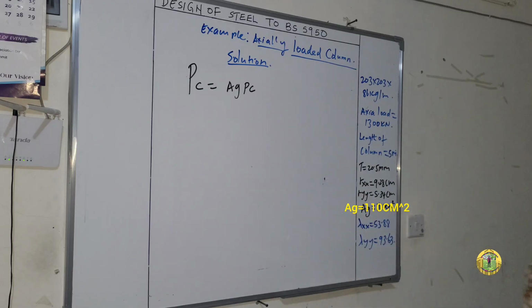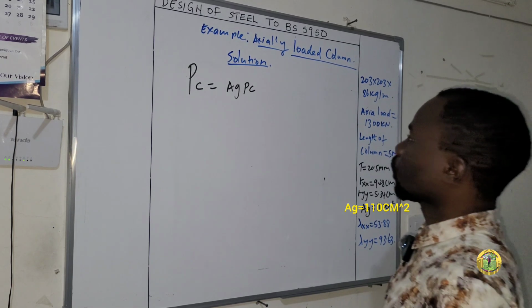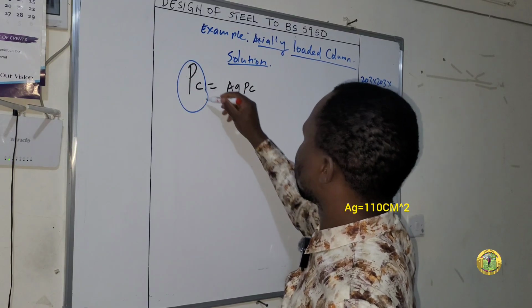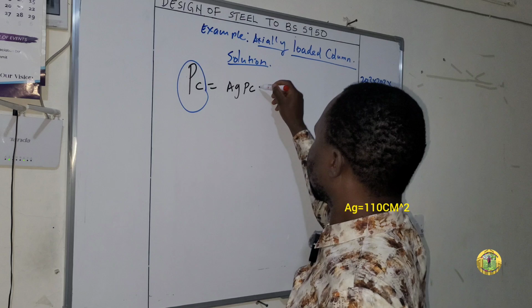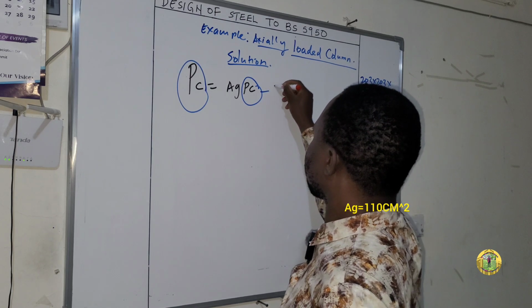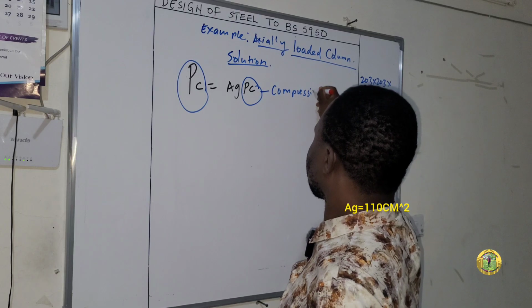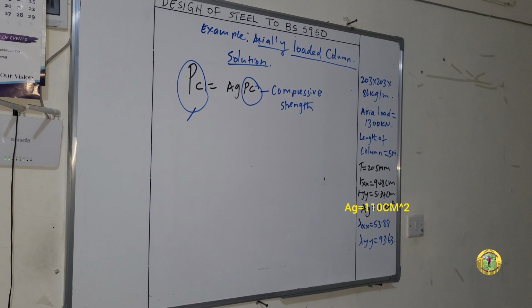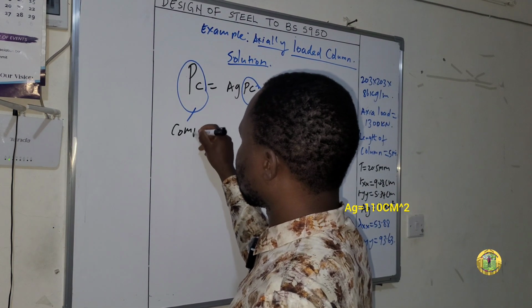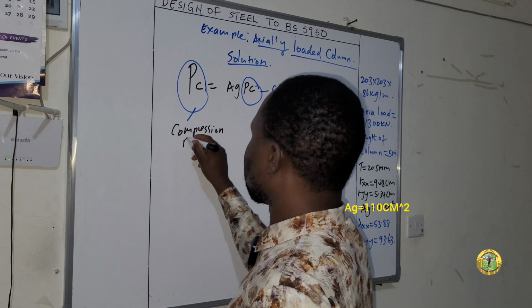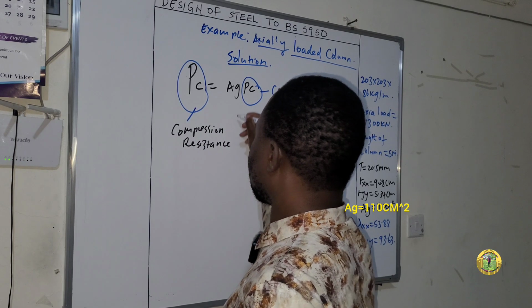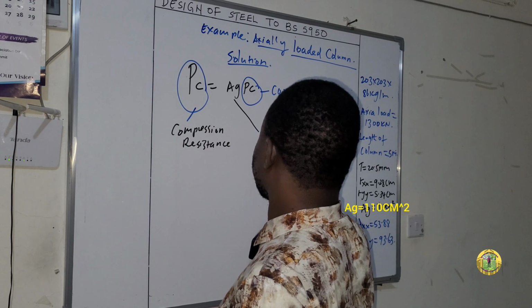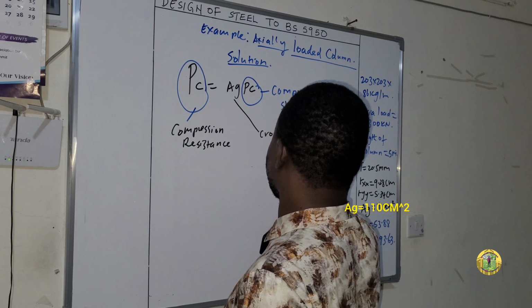The small pc is the compressive strength.